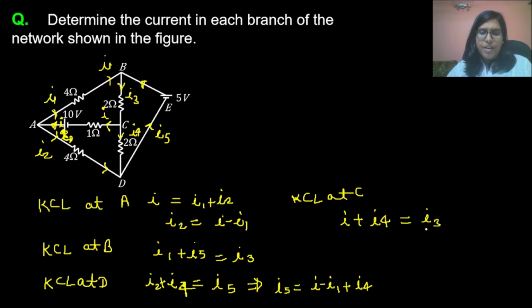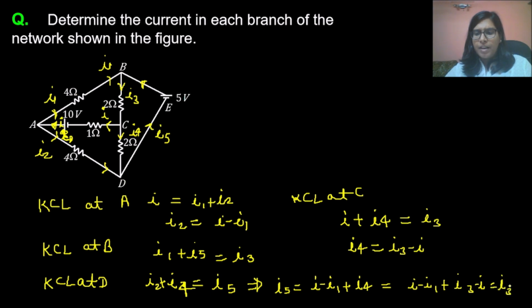So from here we can replace I4 equals I3 minus I. So from here this I5 will be I minus I1 plus I3 minus I. So I and I will be cancelled. This will become I3 minus I1. Right?